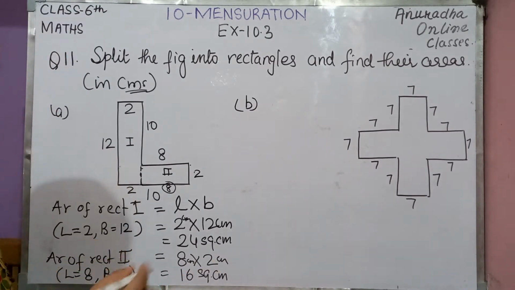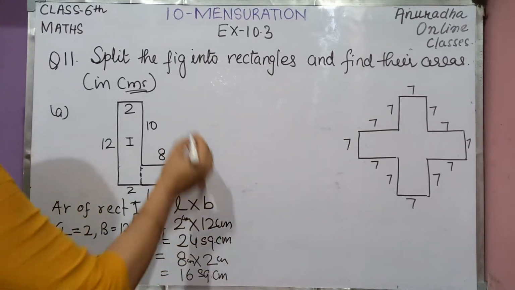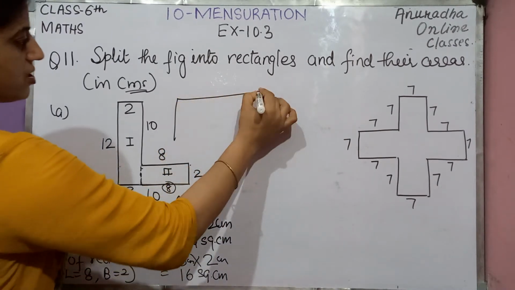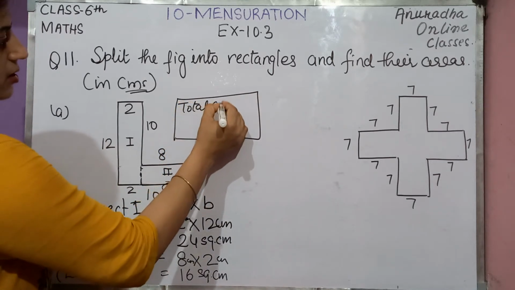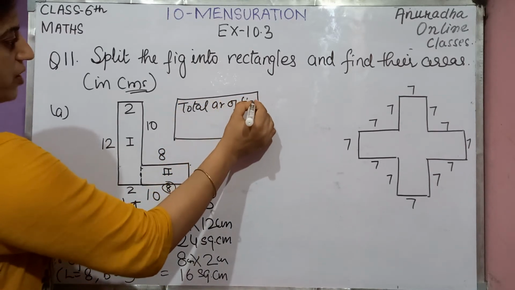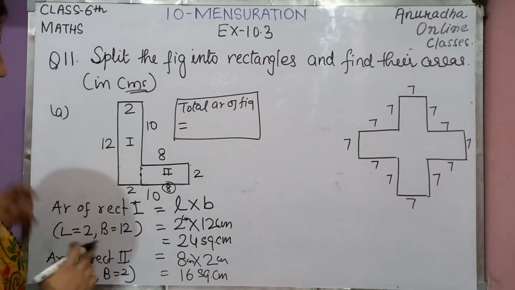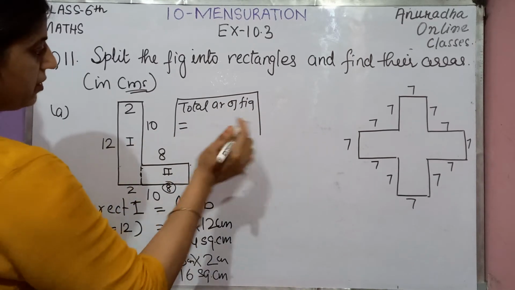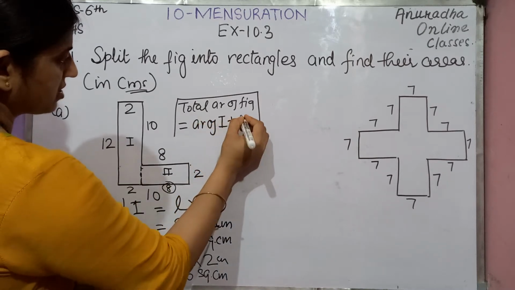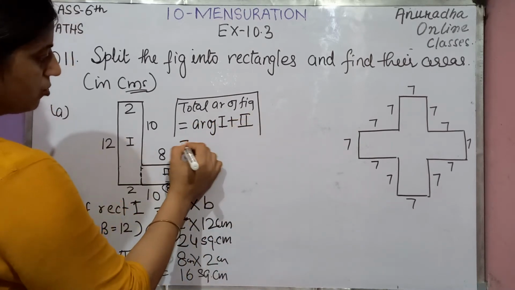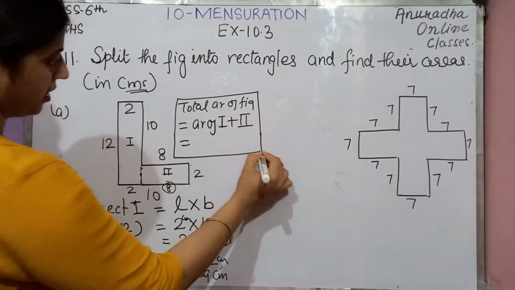Right, children? So what is the total? What is the total area of the figure? Total area of figure is equal to area of rectangle 1 plus second. दोनों का एरिया को हम ऐड कर लेंगे. What we will get?